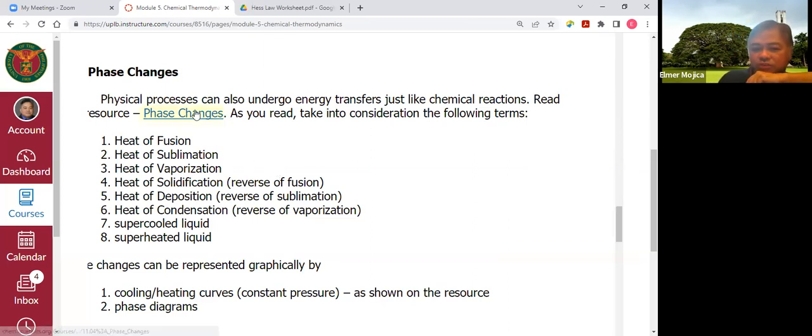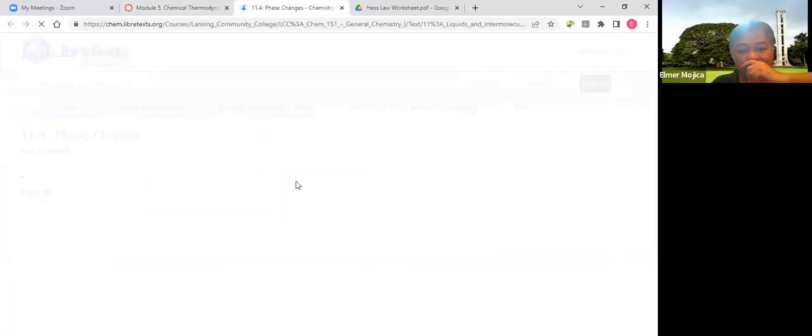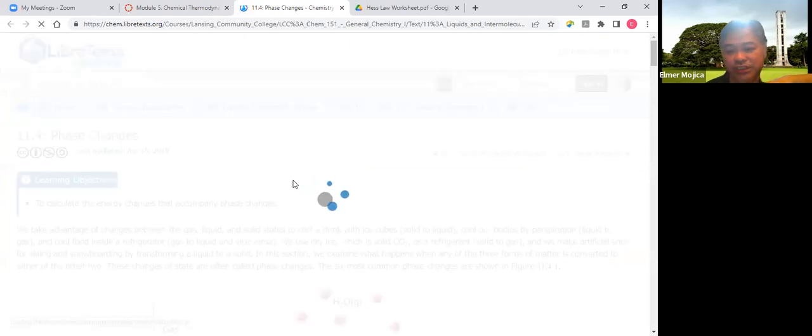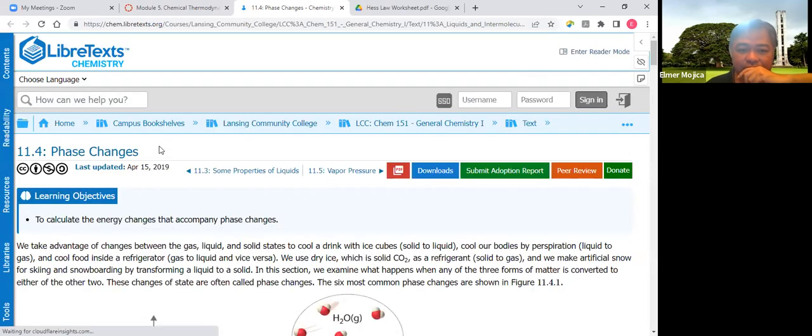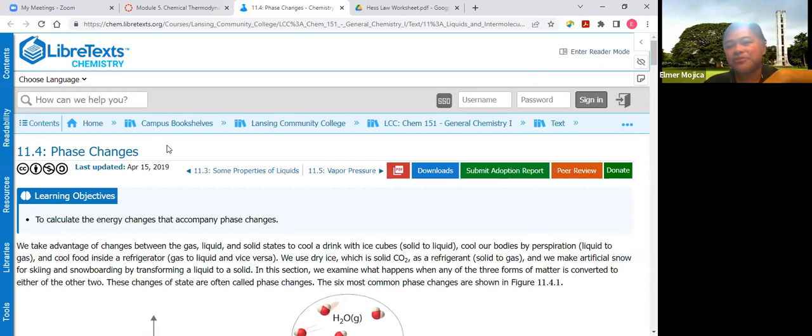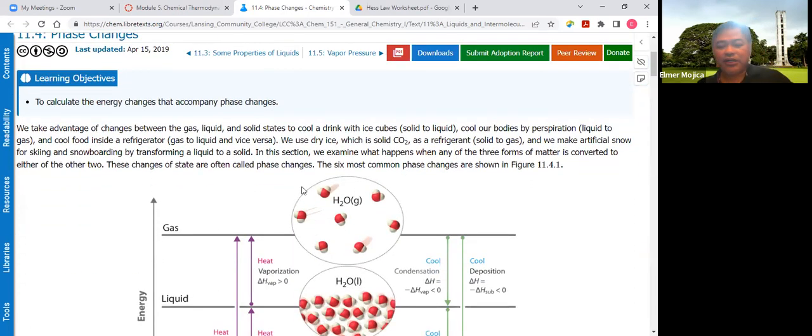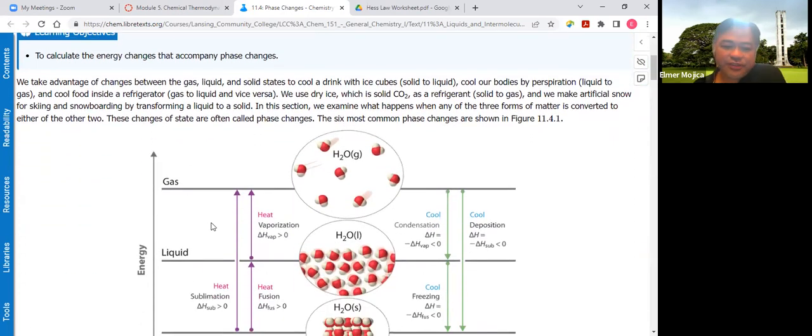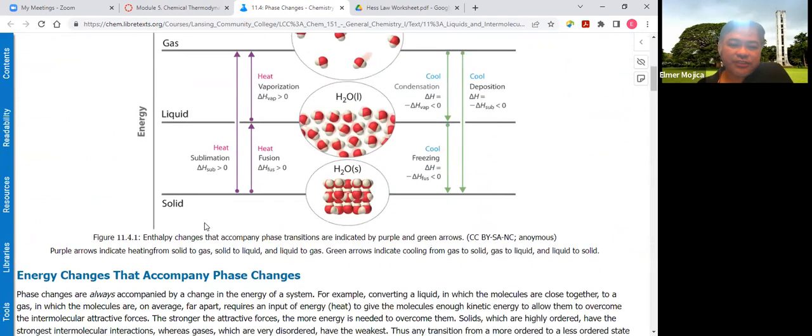So if you're going to look more about this one, there's a material that you have here. Usually the material is connected in what? The LibreText. Okay, so if you have to discuss the energy accompanying the physical changes, this is what we look at. As you're going to look at here, solid, liquid, and gas. As you increase the energy, you increase the transition.